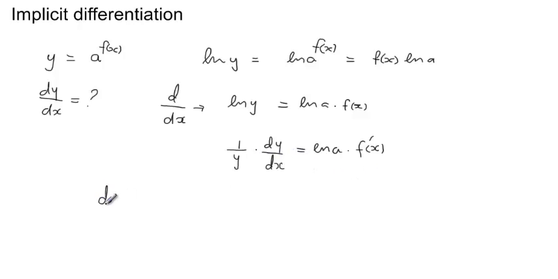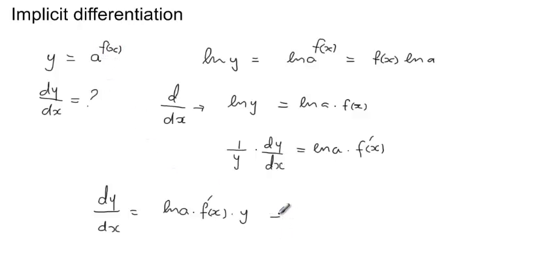So we are going to get dy dx equals ln a multiplied by f prime, that is the derivative of the argument of the function we're given here, multiplied by y. But we know y from the beginning. What is y? Y is that function we're given.